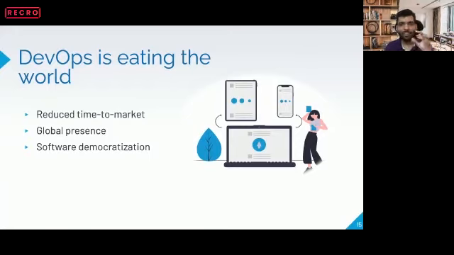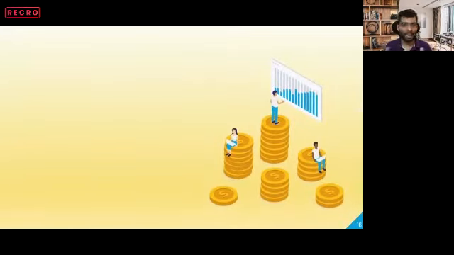So these are some of the intangible aspects that a lot of people see in DevOps, and how it's adding value for companies. But let's see what the benefits are when it comes to cash.